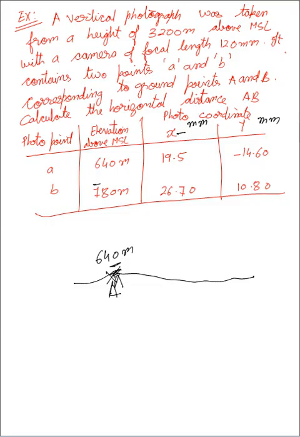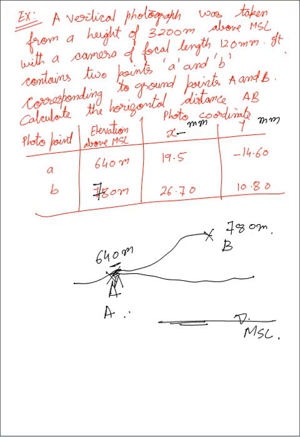So somewhere around here it will be B point, which is 780 meter from mean sea level. Mean sea level will be somewhere over here, MSL. From this datum, point A is 640 meter above MSL, and B point is 780 meter above MSL.